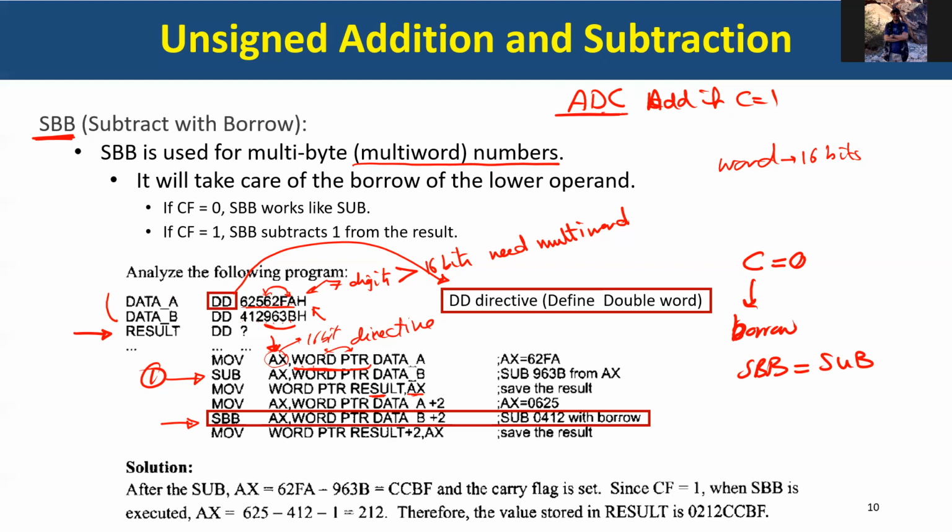Okay. Then finally we move the result into the result variable, but we shift by 2 because the first result has 2 bytes, or 1 word, and this is another word, so we must shift to a higher location in the memory.